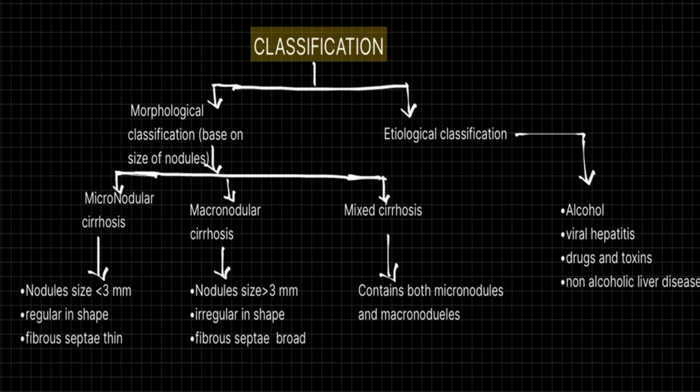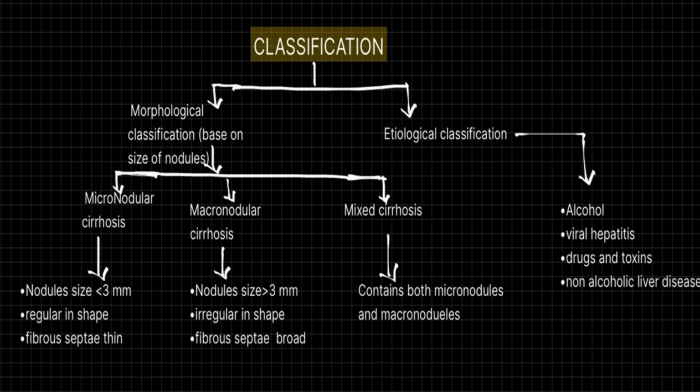From the name itself, it is clear that in micronodular cirrhosis the nodules are smaller in size. These nodules are less than 3 mm in size, regular in shape, and the fibrous septa are thin. Now talking about macronodular cirrhosis, the nodules are greater than 3 mm in size, irregular in shape, and the fibrous septa are broad.